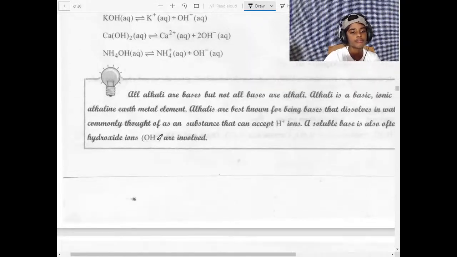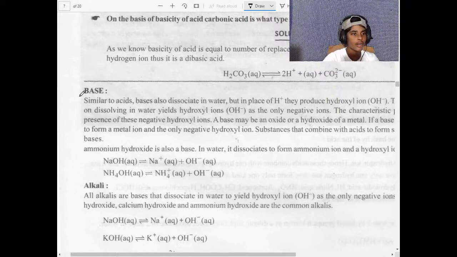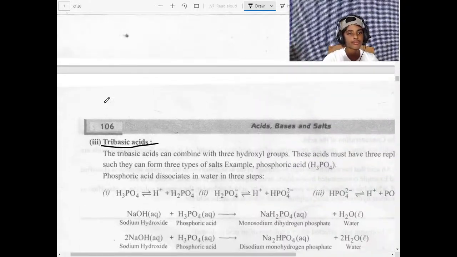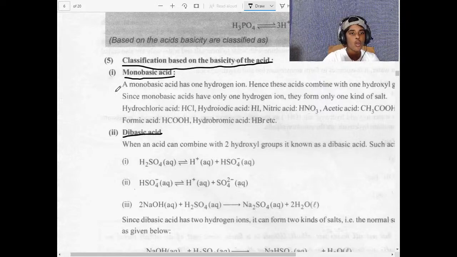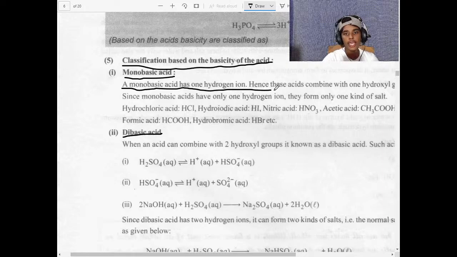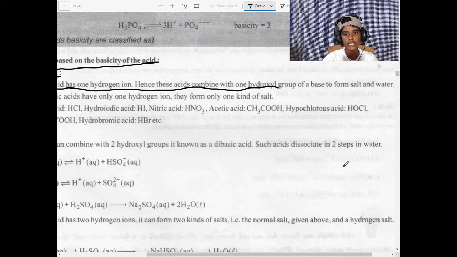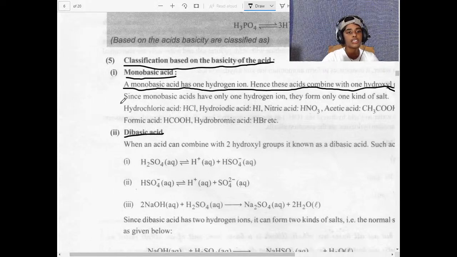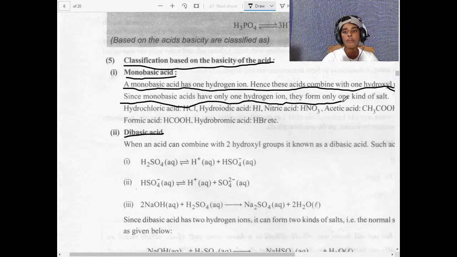A monobasic acid has one hydrogen ion, hence these acids combine with one hydroxyl group of a base to form salt and water. Since monobasic acids have only one hydrogen ion, they form only one kind of salt.